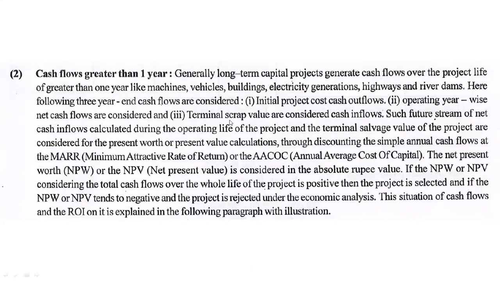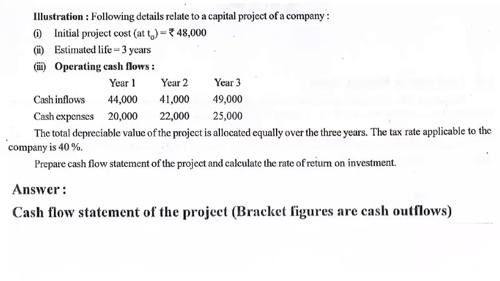And third, the terminal scrap value is considered as cash flow. Means whatever investment you have done for the project and whatever running costs are required every year, you have to calculate both terms and then find out the cash flow.